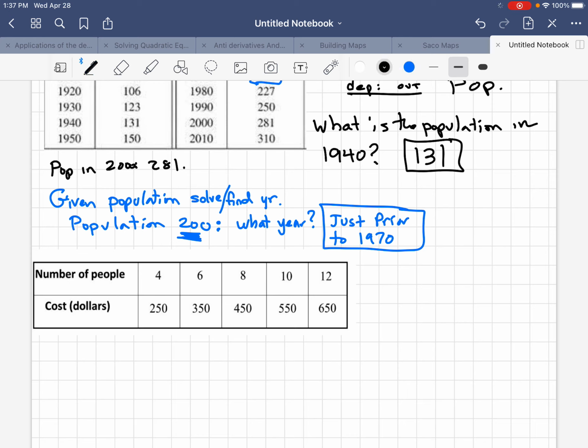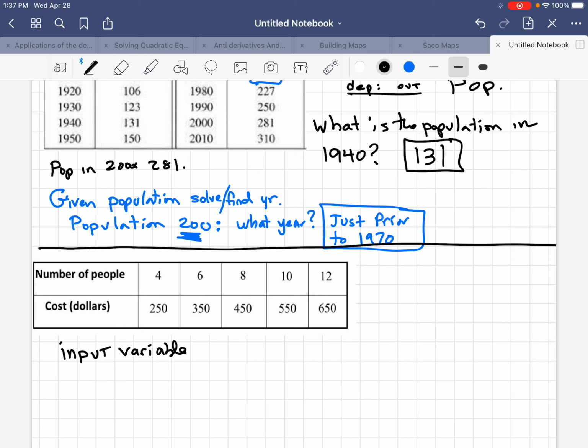Let's check out another scenario here. Again, we don't really have any specifics about what these tables are for. We're just interpreting information from the tables. Again, we're going to look for the input variable first.